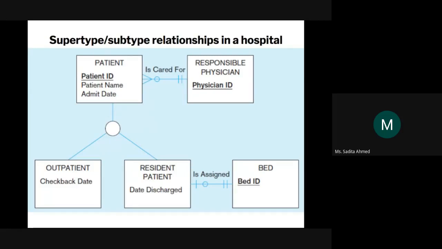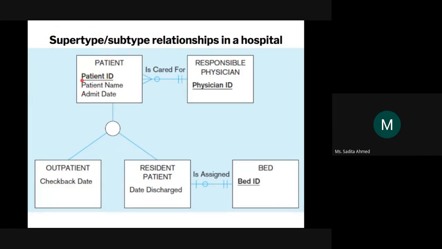Maybe they go back to the doctor with the reports or the test results and so on. And this check back date, on the other hand, is something that the resident patients will not have. Resident patients are residing within the hospital. The doctors will visit them and check back on their own. They don't have a date to check back. They don't have to revisit the hospital. They are in the hospital already.